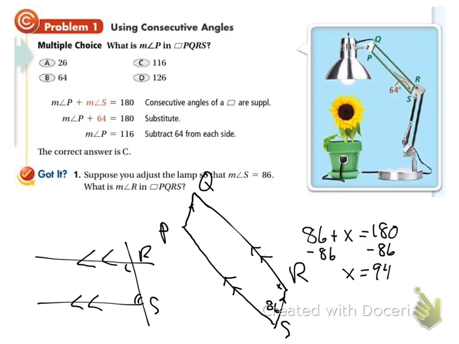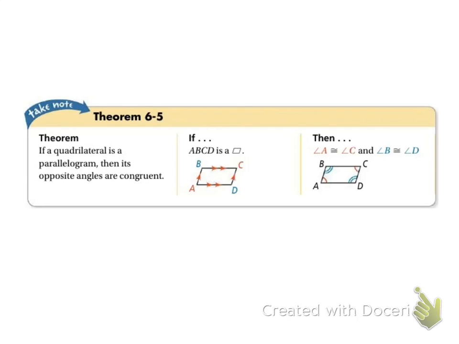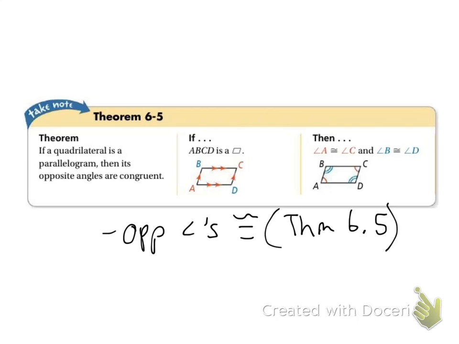And we know that same side interior angles add up to 180. It's the exact same thing we're saying with consecutive angles. Alrighty. Theorem 6.5 says that opposite angles are congruent. So the ones across from each other are opposite angles.